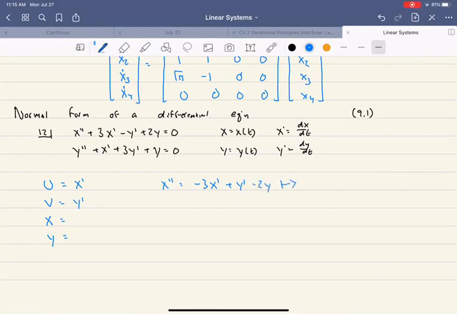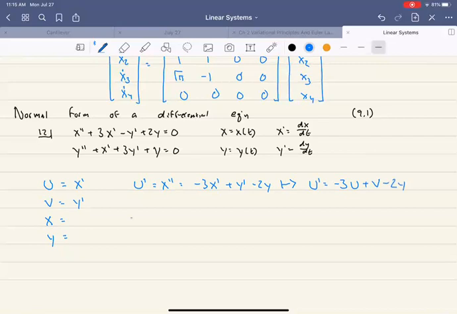Remember, x prime is u, y prime is v, and x double prime is u prime. So u prime equals negative 3u plus v minus 2y.